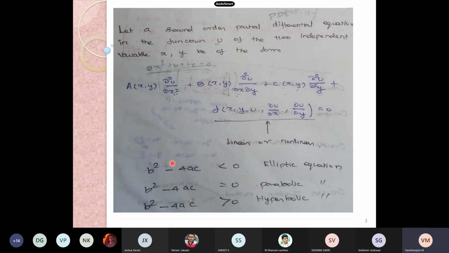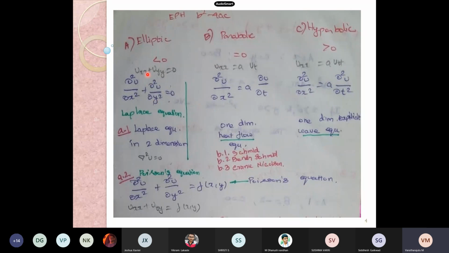So b square minus 4 into 1 into 1, so it is less than 0. So the elliptic equations are usually in the form of uxx plus uyy is equal to 0. U, which is differentiated 2 times, is what the subscript xx means, and similarly uyy is equal to 0.